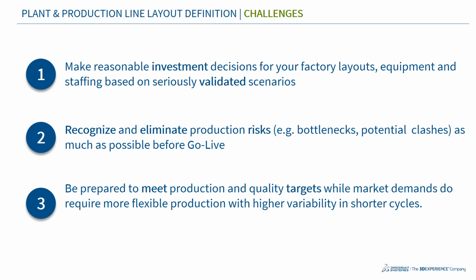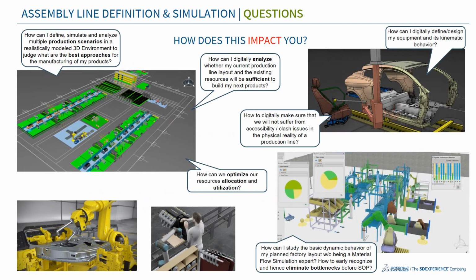So if you are a supplier of an OEM, if you are requested to produce a new product, maybe 1,000 parts per day, how to make sure that this new product will be able to be manufactured on time and in quantity for the OEM. So those are the challenges that we often see in the manufacturing world.